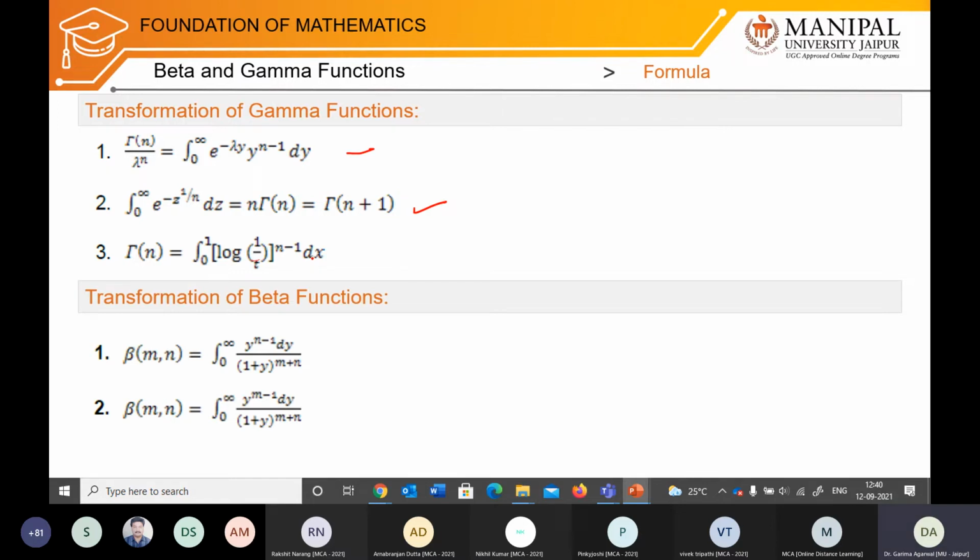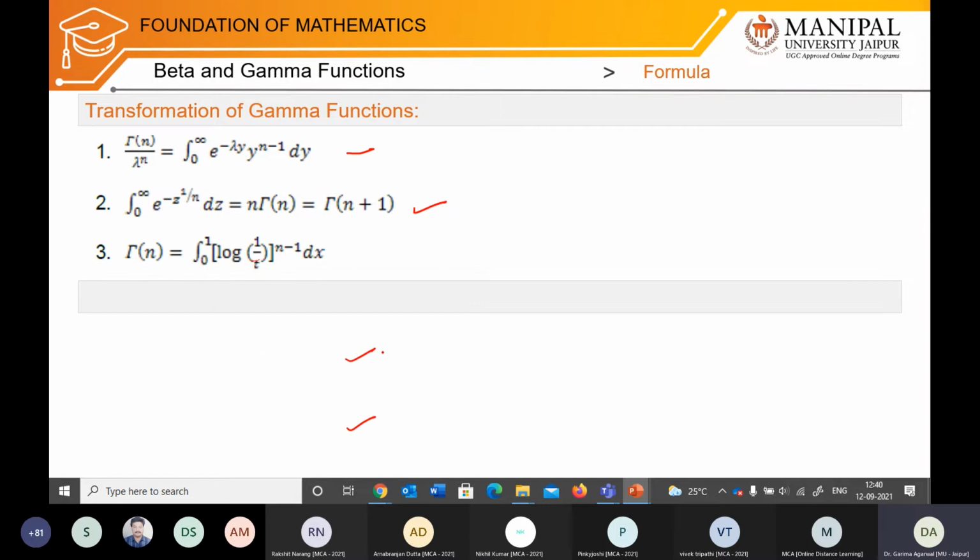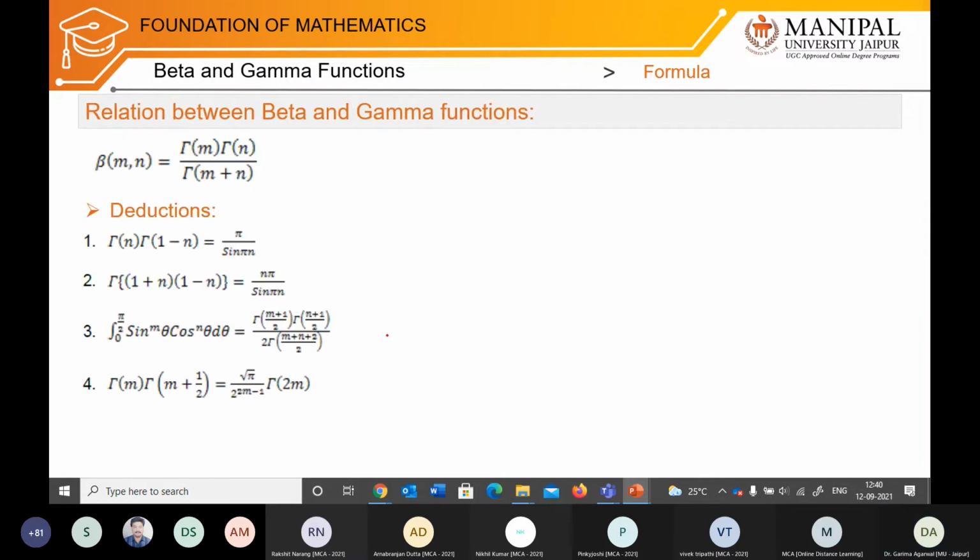Now transformation of beta functions, these are the formulas to transform the beta functions. Relation between beta and gamma function, this is one of the most important relations. And also we have few deductions. Gamma n, gamma 1 minus n is pi upon sine n pi.